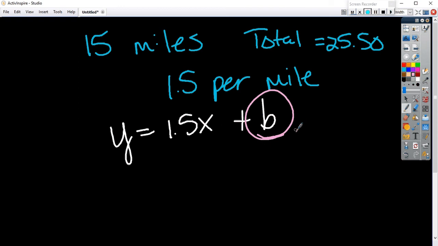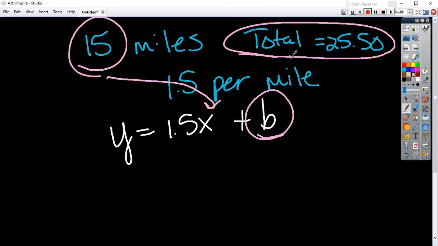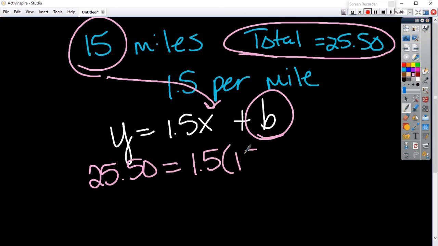If I know that I paid $25.50 for 15 miles, I'm going to use this to plug in and find B. So I'm going to plug in 15 for X like I did in the first set, but this time I'm also going to plug in Y because they tell me what it equals. So 25.50 equals 1.5 times 15 plus B. Does that make sense?